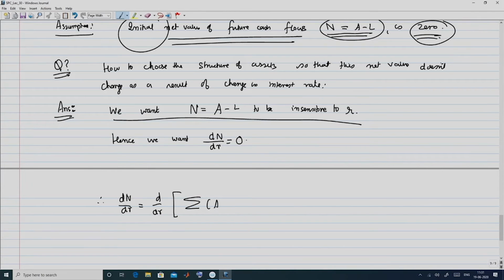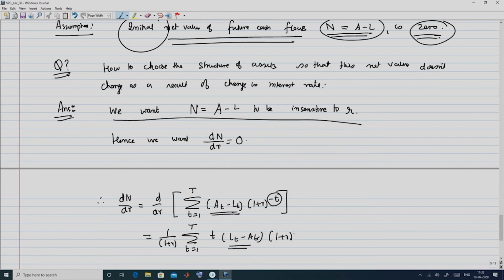This is going to be the summation of A t minus L t into 1 plus r raised to minus t, t equal to 1 to capital T. And this is nothing but, if we take the derivative, 1 over 1 plus r summation t equal to 1 to capital T, t into L t minus A t, because the derivative will involve minus t. So, I change this sign and make this L t minus A t into 1 plus r raised to minus t. And what is this?